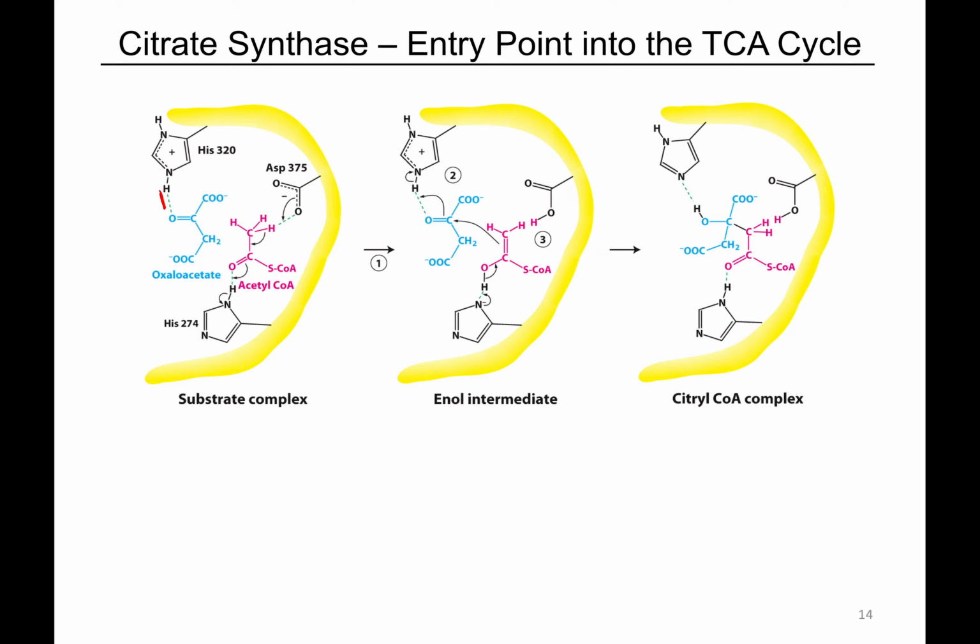And it's this aspartic acid that initiates the reaction. It deprotonates that carbon. So this reaches out, picks up a proton. This proton moves over to aspartic acid. The electrons in the CH bond move over to make a double bond between carbon 1 and carbon 2. And this is stabilized by the pi bond in the carbonyl reaching out and picking up that proton from histidine. So we end up making this enol intermediate where we have this alkene and an alcohol.